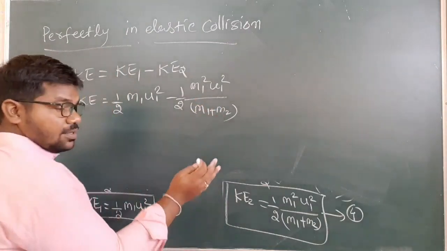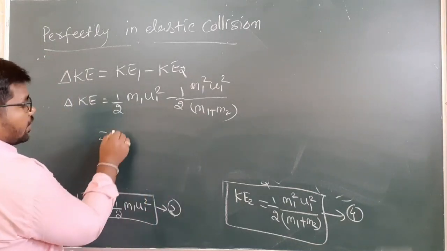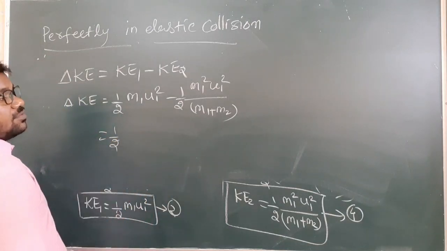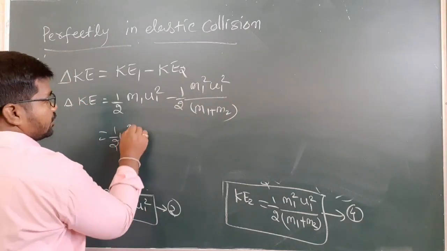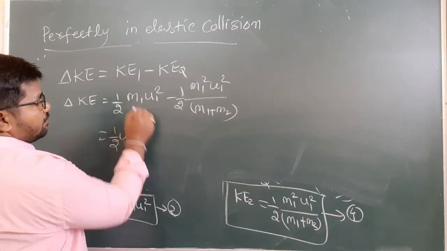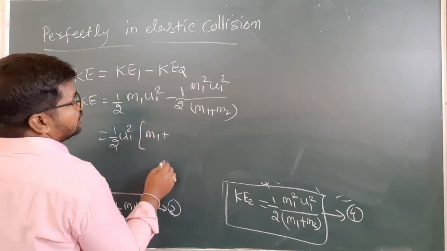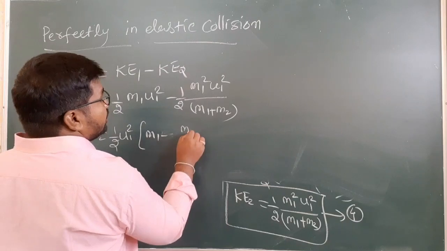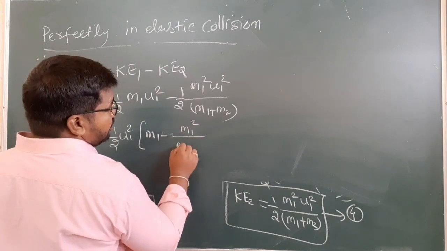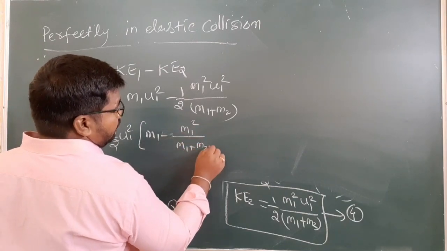Understand, my children? So rearrange this. 1 by 2 is common, and u1 square is common. So remaining: m1 minus m1 square divided by m1 plus m2.